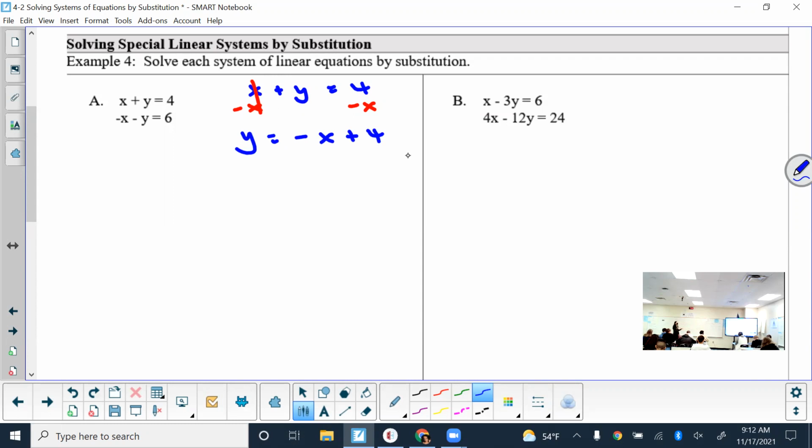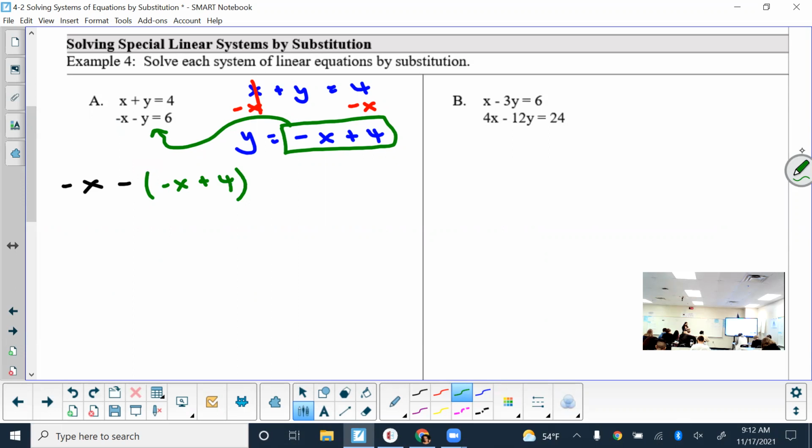So now that you isolated the y, you take what it equals and plug it into the other equation for y, since that's what y equals. So I have -x minus y, which is now -x plus 4, equal to 6.